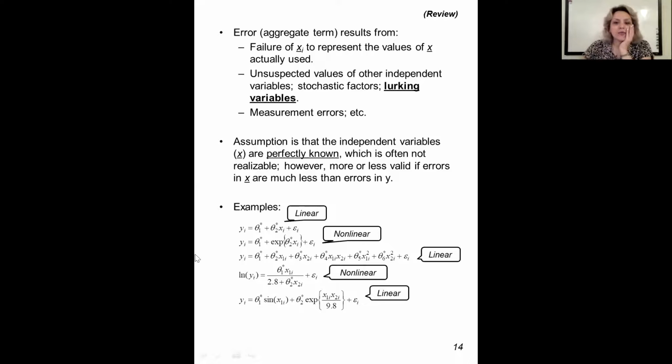Now let's look at these ones. You can pause the video here and look at this and see that this one is linear, this one is non-linear, this one is linear again, but we have x1 times x2. This one is non-linear, we have x1 over x2, and this one is linear, so we have exponential of x1, x2.